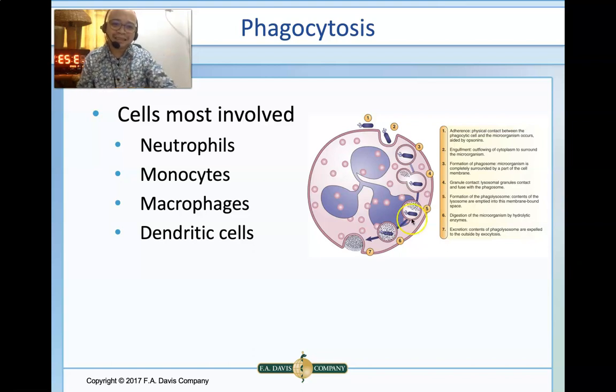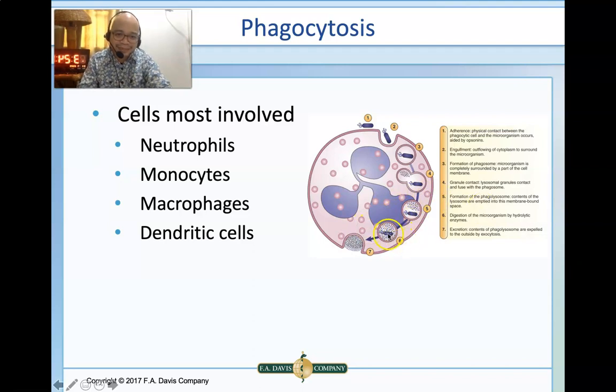Therefore, there is the so-called formation of the phagolysosome. So what happens here is that the contents of the lysosome are emptied. So the lysosome emptied. So the component is called lysozyme. Okay? So what will happen?